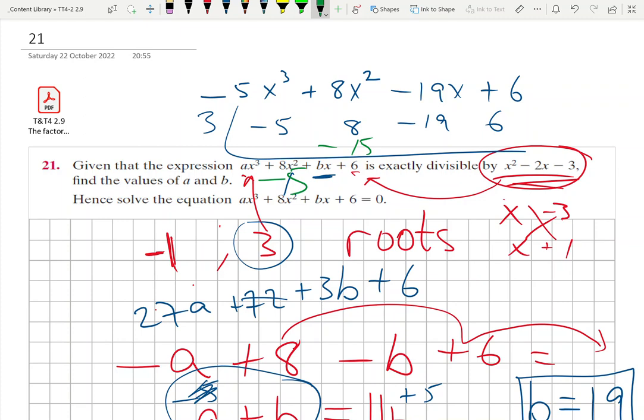That's -7. 3 times -7 is -21. That's negative 40. Oh my god, not good. So I made a mistake.